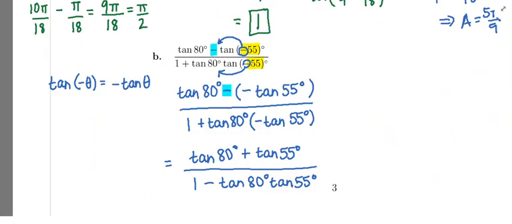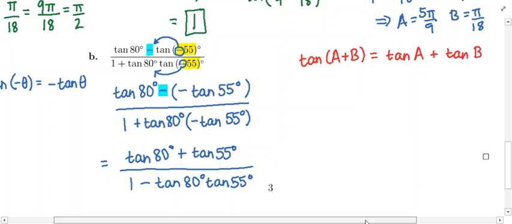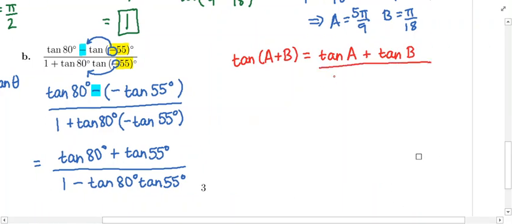The appropriate formula here is that the tangent of A plus B is equal to the tangent of A plus the tangent of B all over 1 minus the tangent of A times the tangent of B. Like I said, this is exactly what we have.